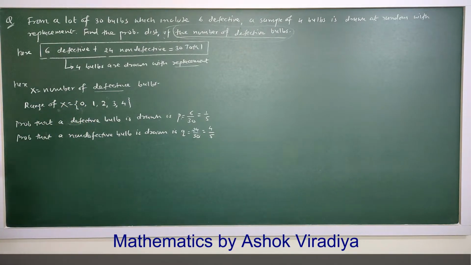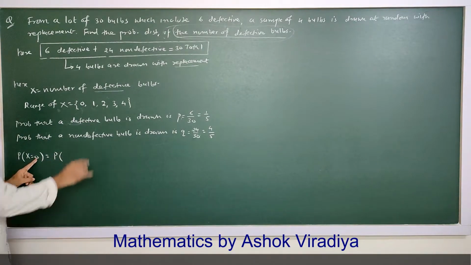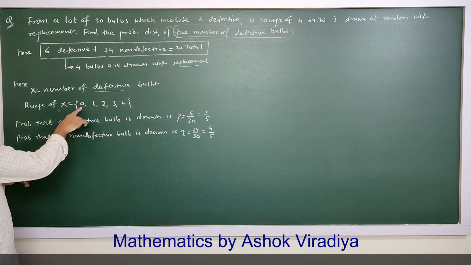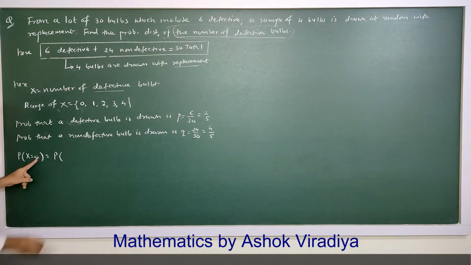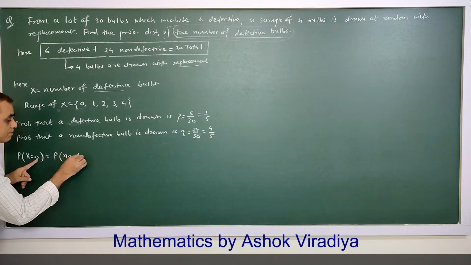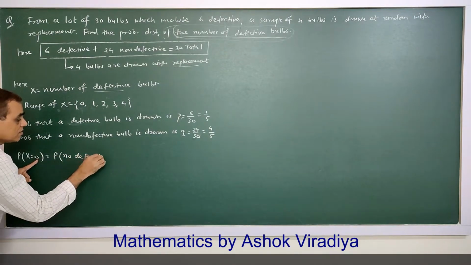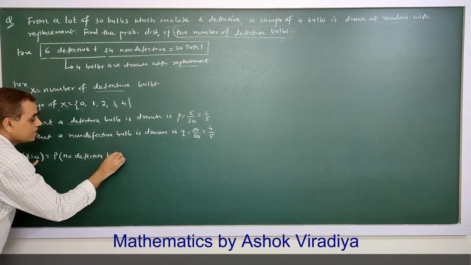Let me take them one by one. So the probability that X takes value 0: X is the number of defective bulbs, so no defective bulb is drawn.